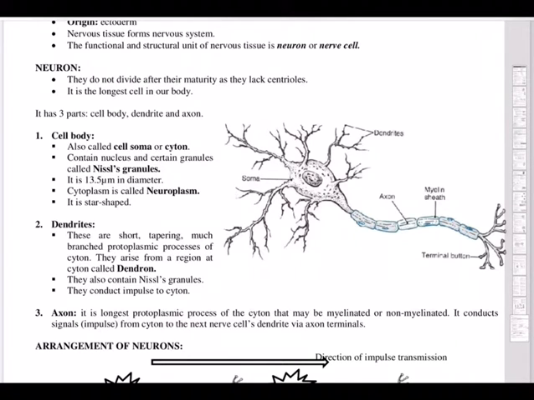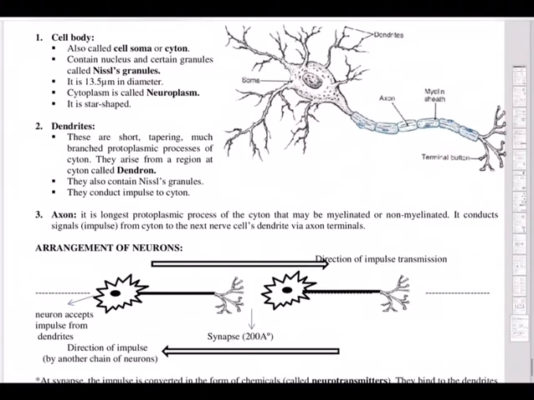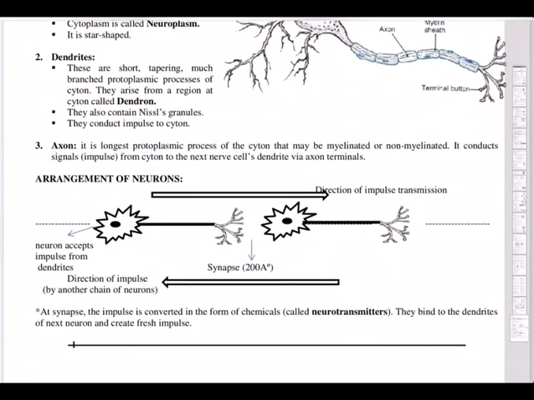When I said from the branches of the axon it jumps to the dendrites of the next neuron, I said there is a gap, and that gap is called the synapse. As you are seeing, it's around 200 angstrom units, a very minute gap.